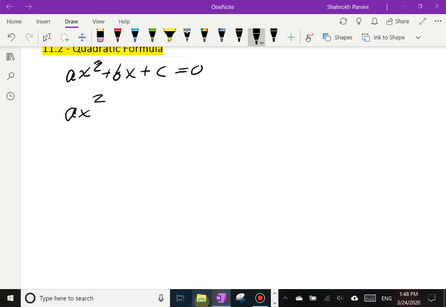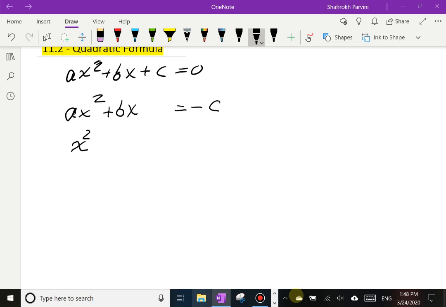Here's how we're going to do this. We're going to solve this equation by the completing the square method. So I moved c to the other side. Remember, the coefficient on x squared has to be a 1, so I need to divide everything throughout by a.